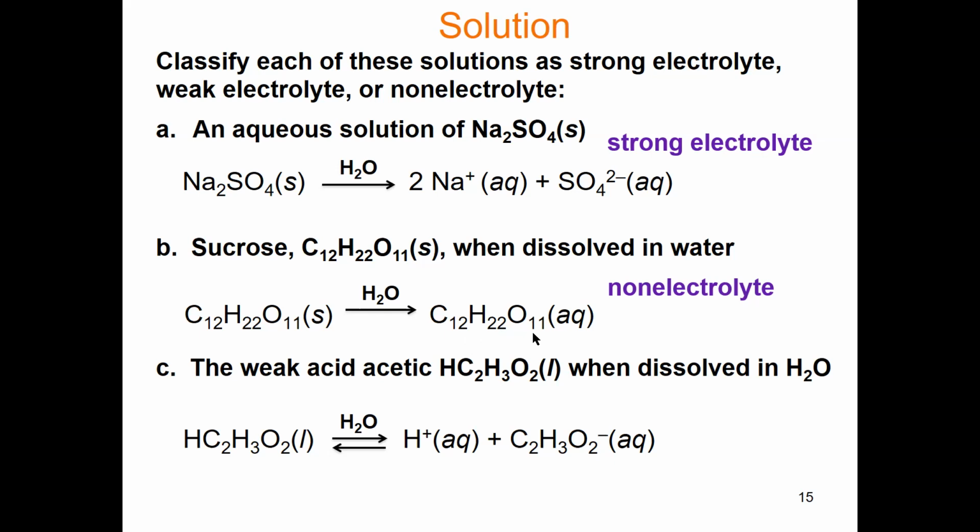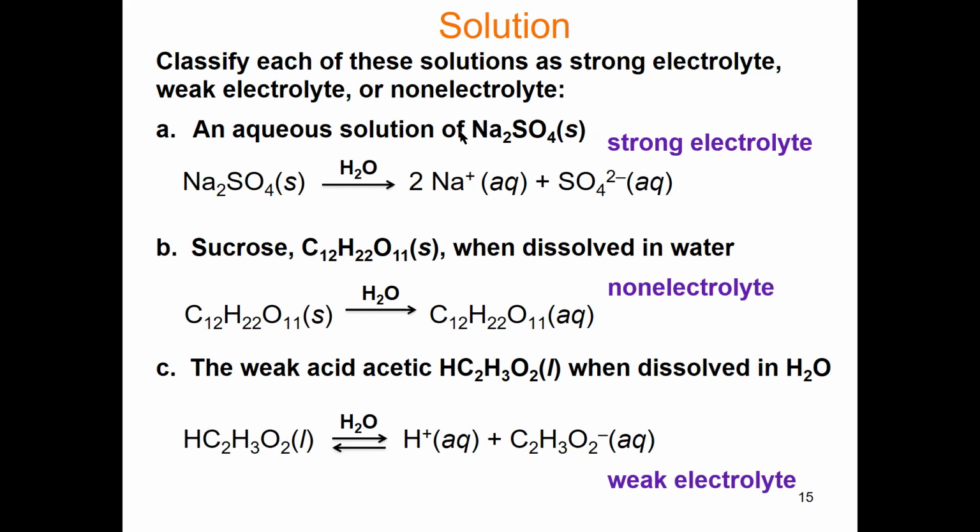It's not an ionic compound, it's a covalent compound, so it stays as one molecule. The molecule doesn't have any charge, so it is neutral. Because of that, it will not be attracted by the positive or negative electrode, so it would not conduct electricity. So that's a non-electrolyte.